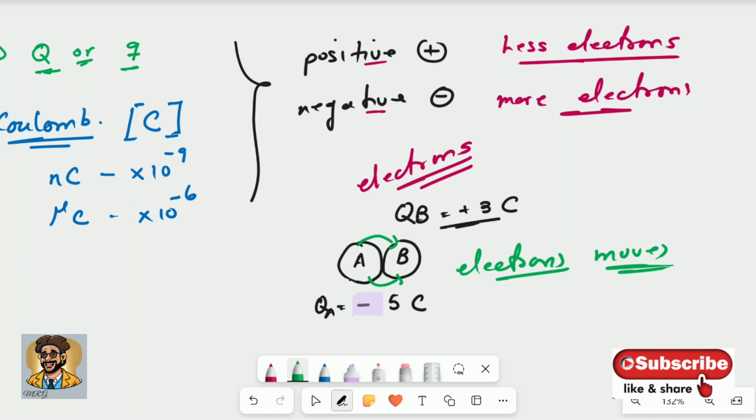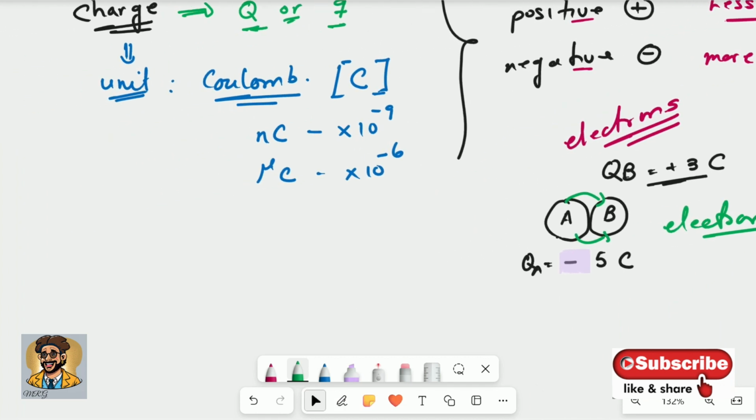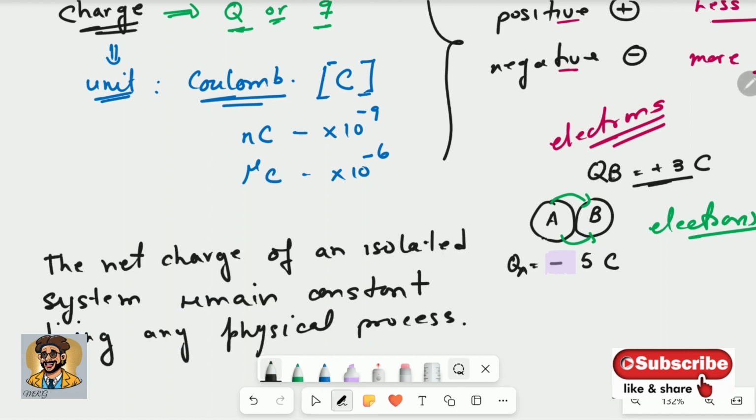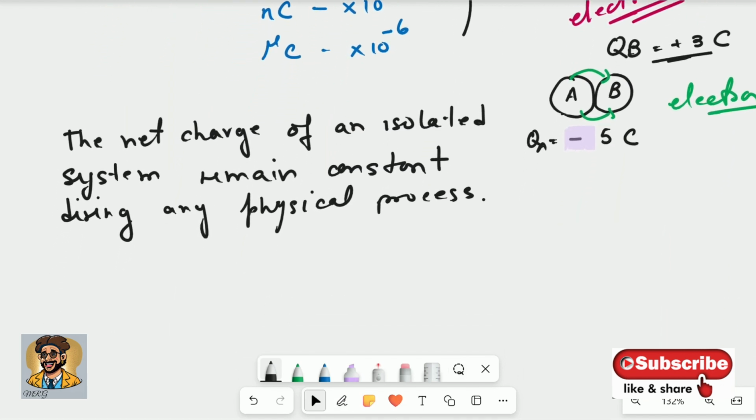That was no problem. Then from here, you went straight to the law of conservation of charge. So what does that law state? We go here. This law states the net charge of an isolated system remains constant during any physical process. Guys, this one is going to be asked in the exam for sure.